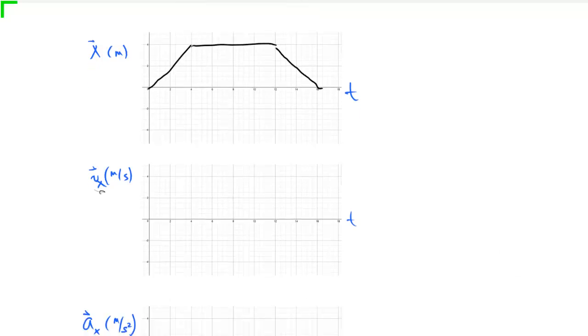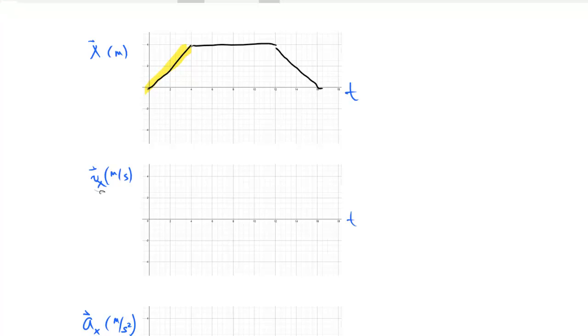So given this position versus time, and noting that the slope of position versus time is velocity, the value of this slope would be the value of the velocity. I drew it at 1, so the slope of this yellow line here was 1, and so the value of the velocity would be 1.